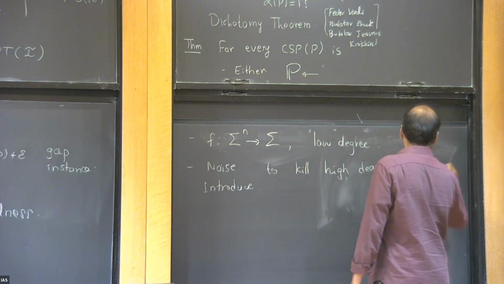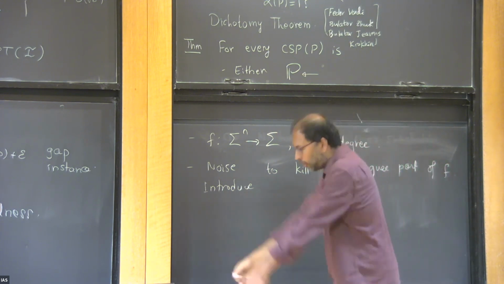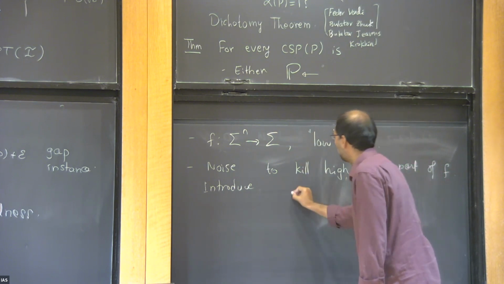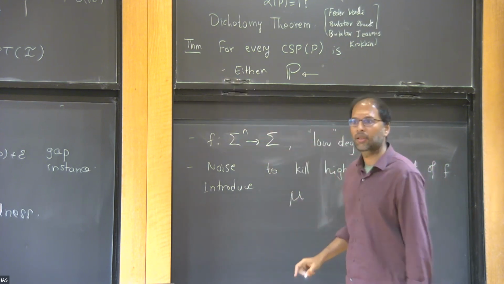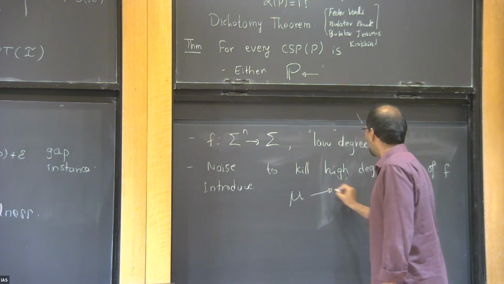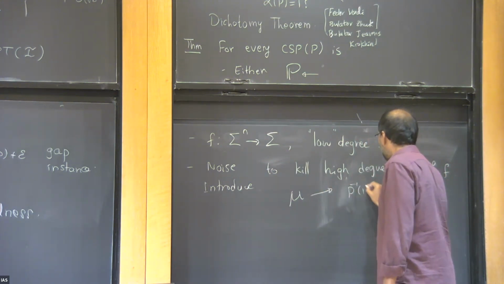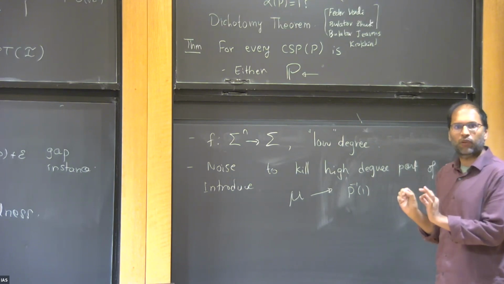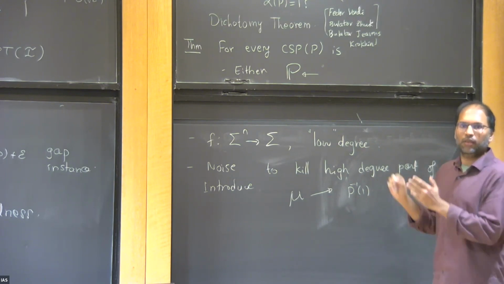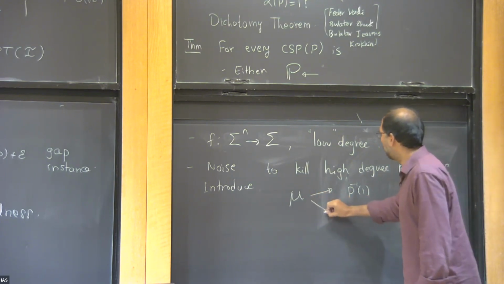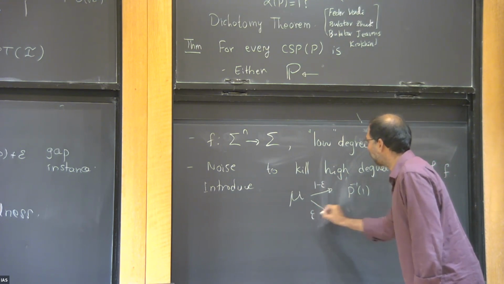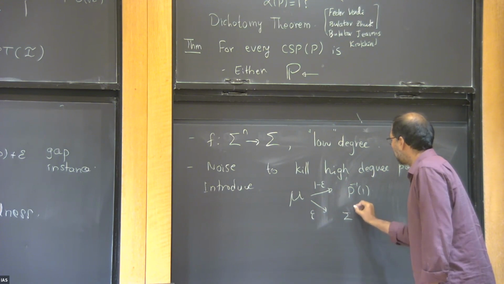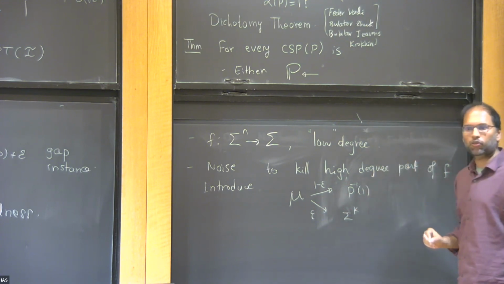When it comes to the raw details, what it means is that the distribution mu, which you were using in the dictatorship test, ideally we would like it to be completely supported on precisely the satisfying assignments. But then Raghavendra says, okay, let's do that with only probability 1 minus epsilon. But with probability epsilon, let me just pick any uniformly random assignment from sigma to the k.